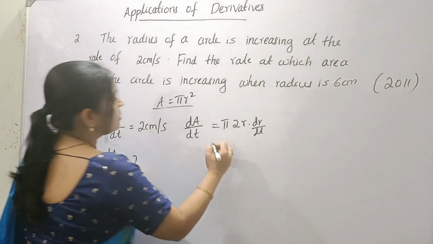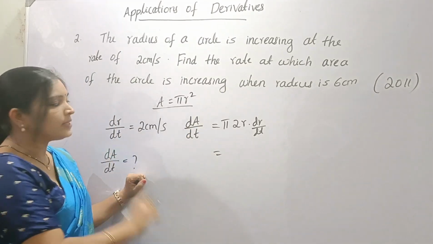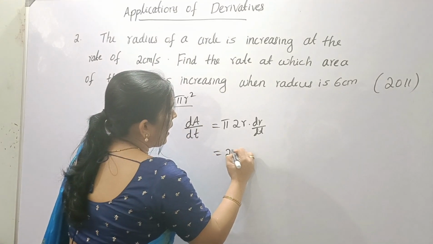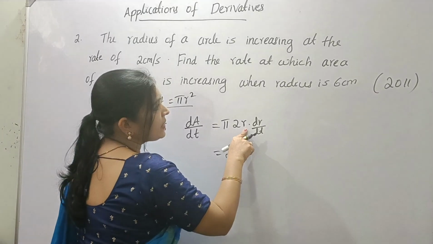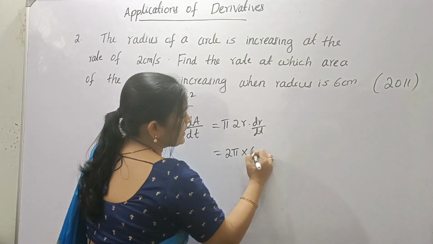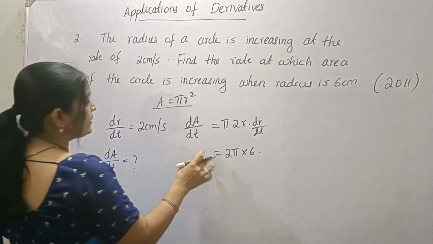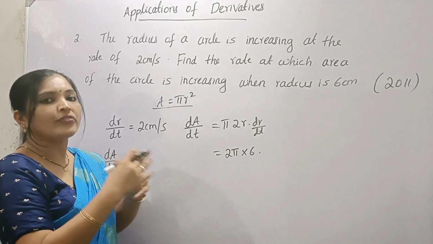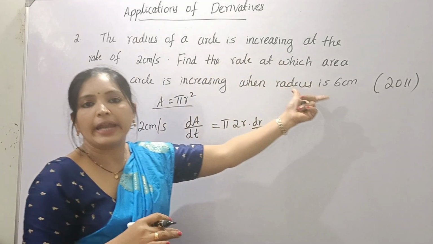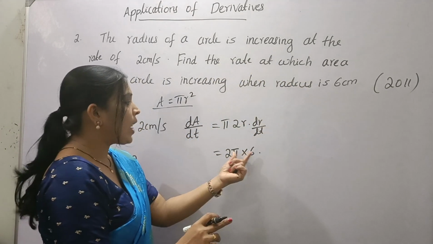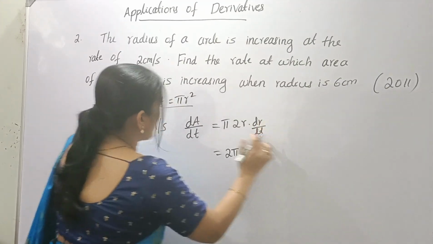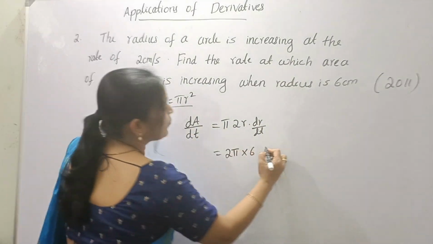Now we have to find dA by dt, right? So 2 pi r, where r is 6 centimeter, because we have to find the rate of change of area with respect to time when radius is 6 centimeter. So r is equal to 6, into dr by dt, that is 2.